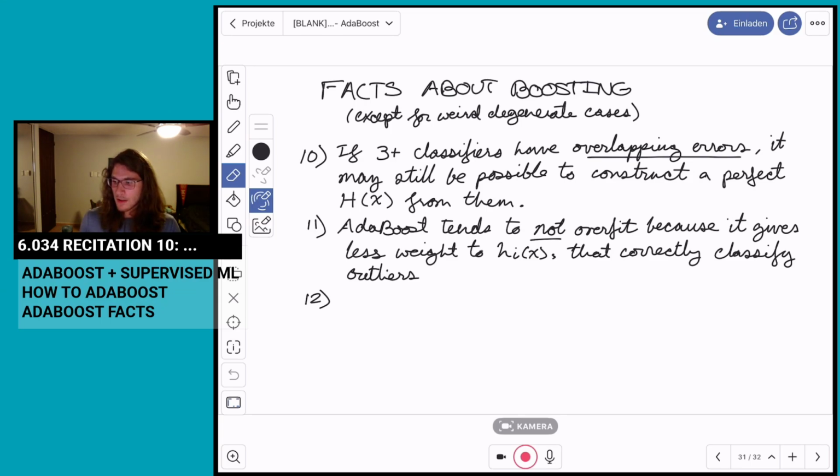And typically, classifiers that overfit the data will have a higher error rate. And so adaptive boosting will not consider them until they become absolutely necessary. The original papers on adaptive boosting can elaborate on this very well, and you can look this up on your own. I'll leave the discussion there because there's a lot of mathematical nuance into why adaptive boosting tends to not overfit. But this is also another very powerful quality of adaptive boosting, that it's resistant to some extent to overfitting.